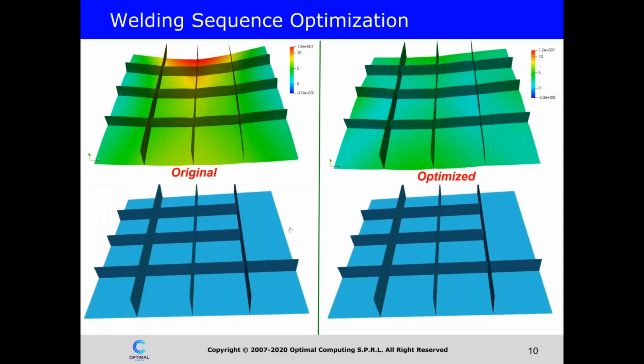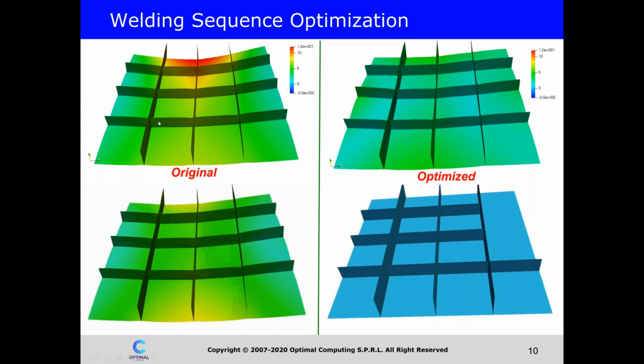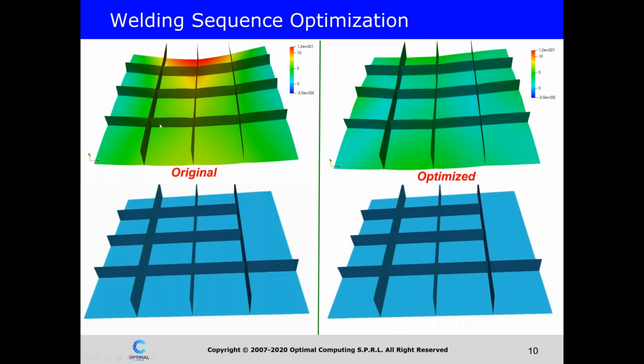This is also another application using sequence optimization, where we optimize the case of a structure that is welded here, and those beams are welded on a plate. And in this case, there are 54 different welds to weld the complete structure.